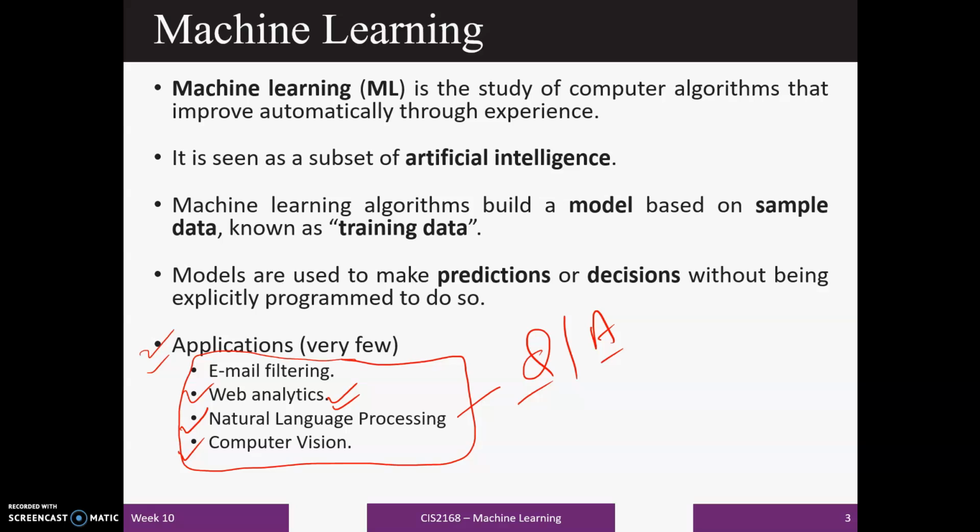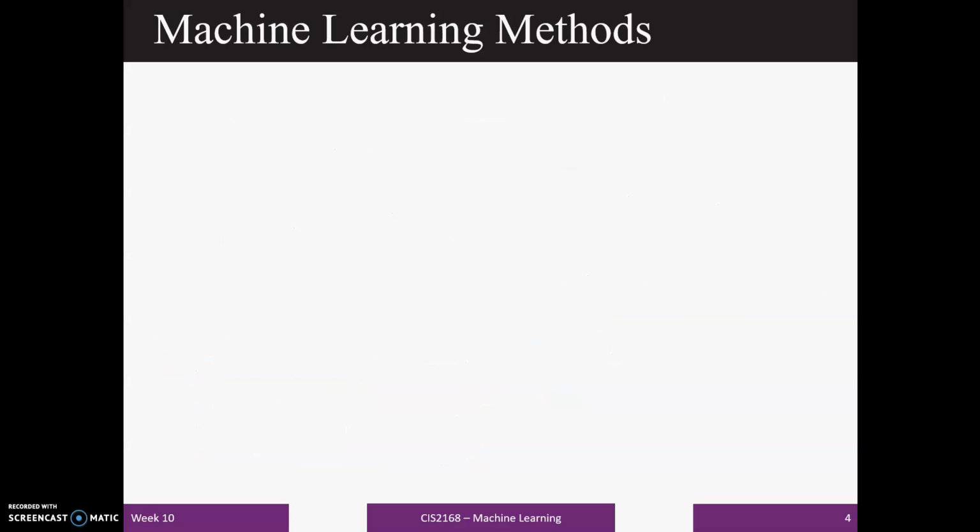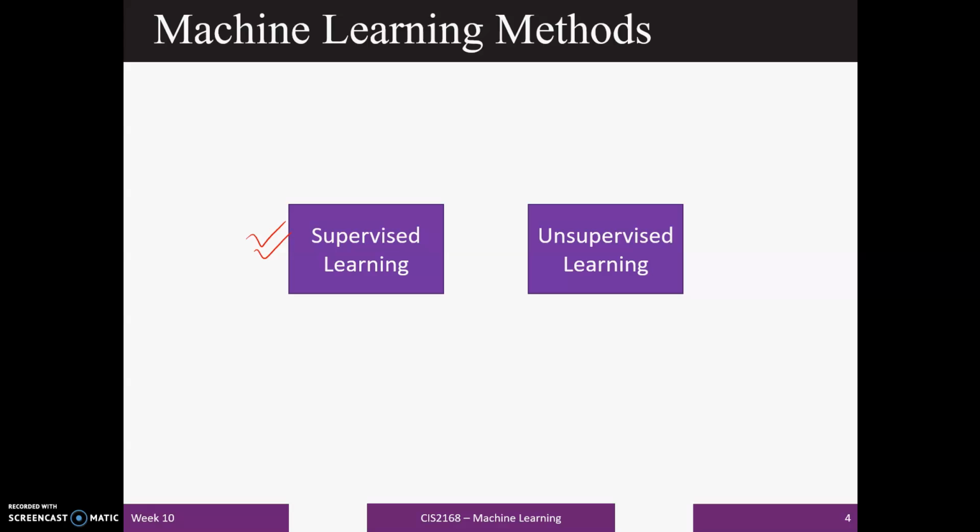Now in the next slide, I have explained different types of machine learning methods. All in all, I will explain two different types. The first is known as supervised machine learning methods, while the second is unsupervised machine learning methods.